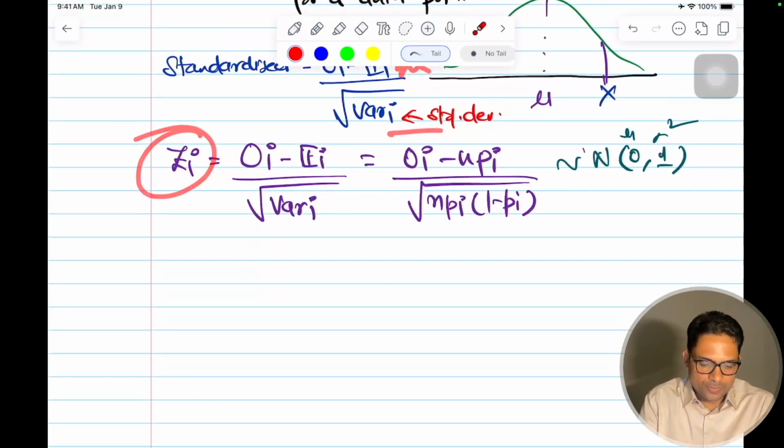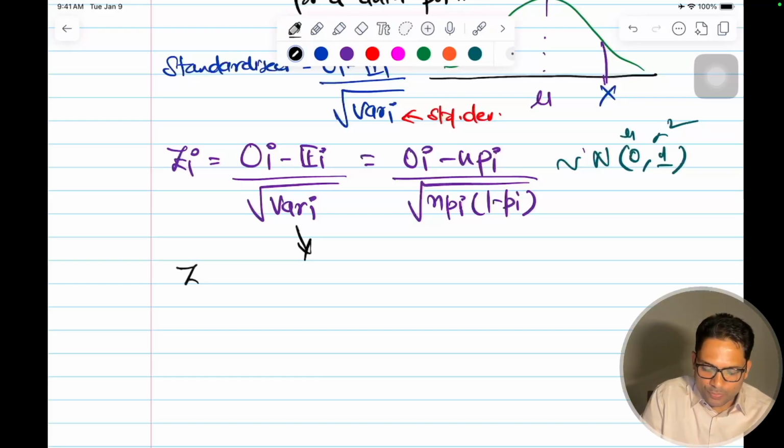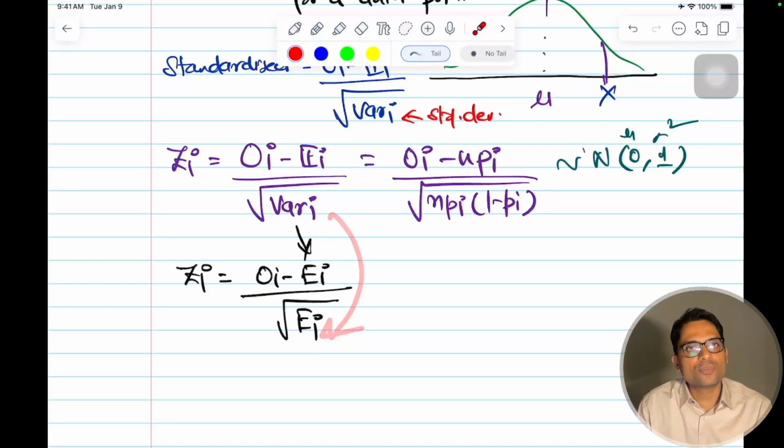But there is one catch, which is what Pearson did. There are a lot of mathematical proofs for this chi-square test. Instead of using this variance, Pearson provided a proof that this can be written as the square root of Ei. I will not provide you that proof. Instead of variance, I can use the expected value Ei itself. He did this to make the math simple.